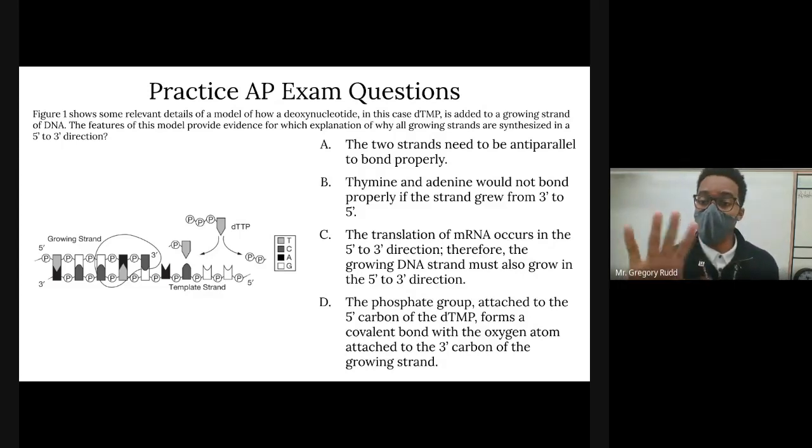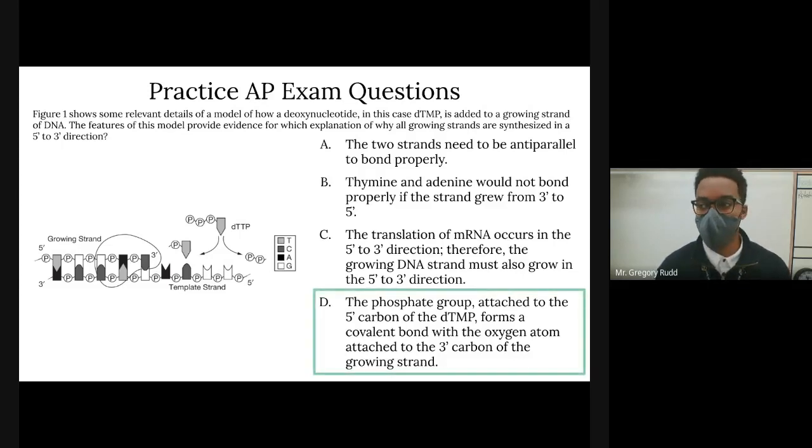So if this were a real test and you were just using your intuition and doing the process of elimination, then you would choose D. And that's also what Lexi chose. Right, Lexi? And that's the correct answer. Good. So again, we can only add new nucleotides in the 3' direction because the 5', I'm actually going to go over to the computer and circle it for you so you see what I'm talking about. But the 5' carbon is already attached to a phosphate group.